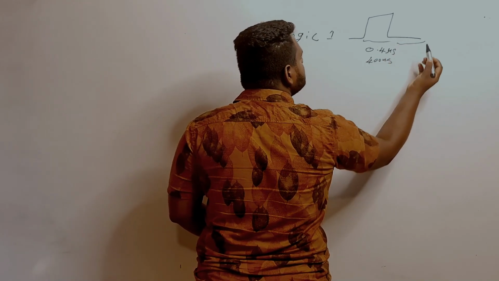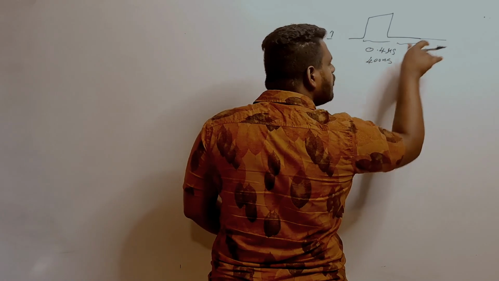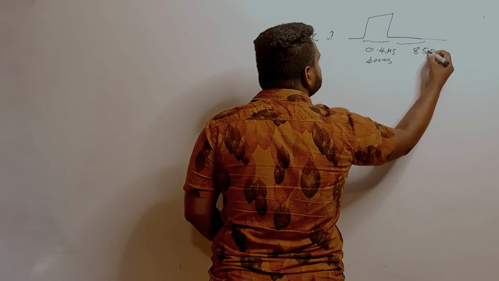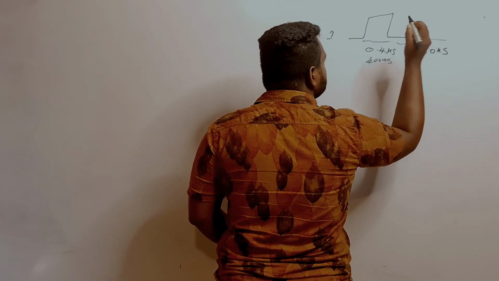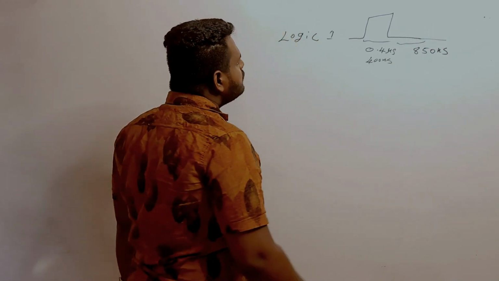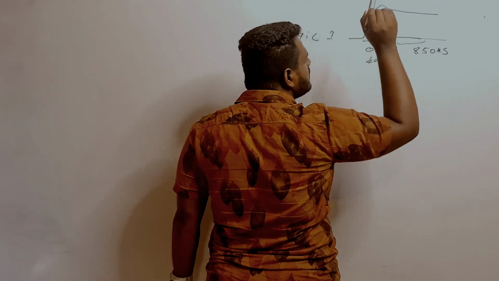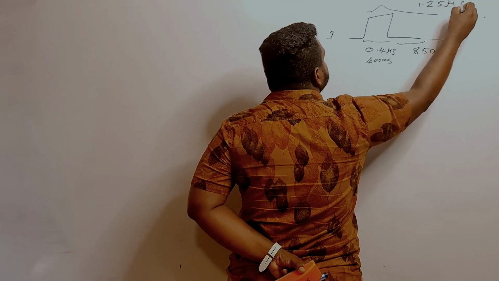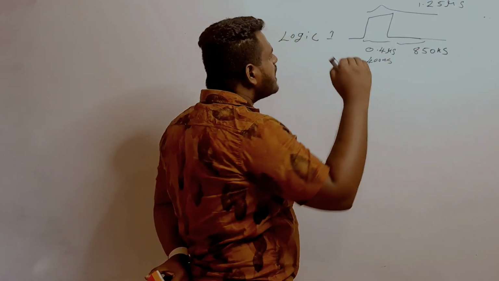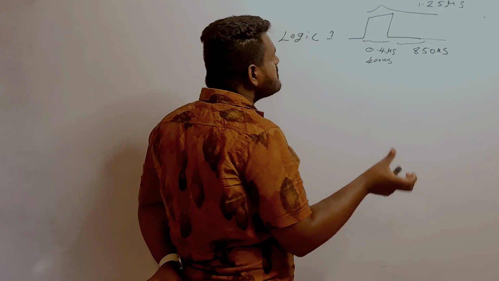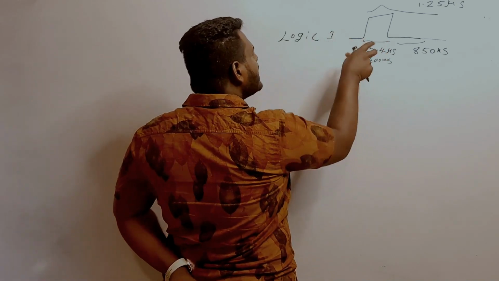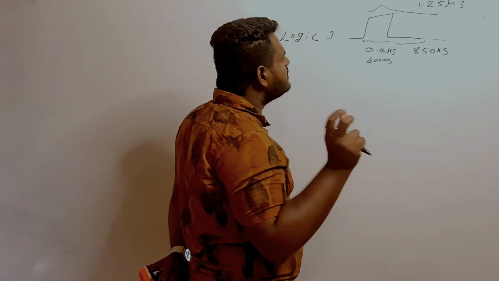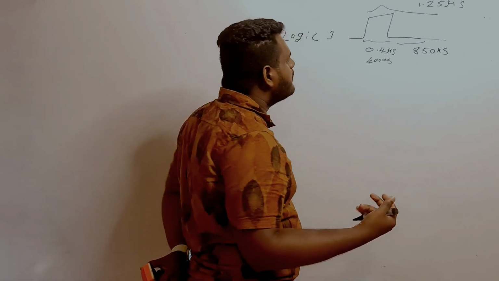And then a long low-level signal of 850 nanoseconds, that means 0.85 microseconds. So the whole time is 1.25 microseconds. So the problem that occurs here is how to write this type of logic at once in this specific time.